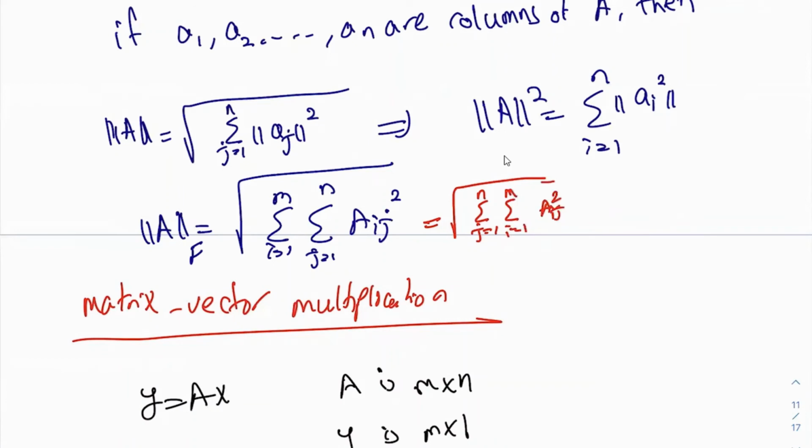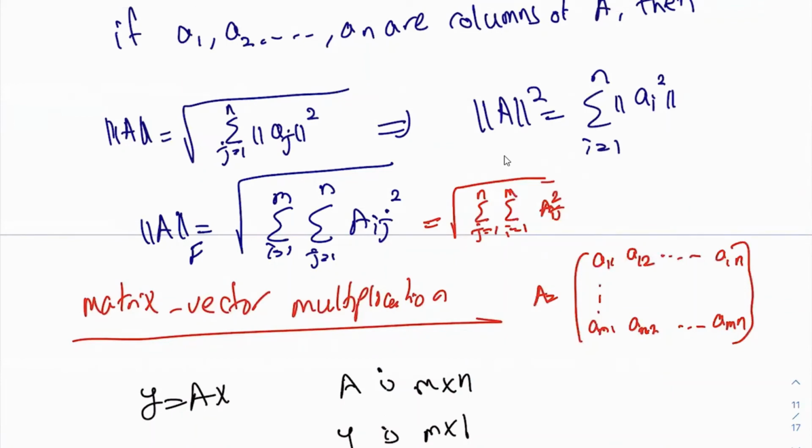Okay. So now, for example, this is a matrix A that you have, like always, A11, A12, all the way to A1n, AM1, AM2, all the way to AMN. Now, assume J is 1, and then vary the I value.